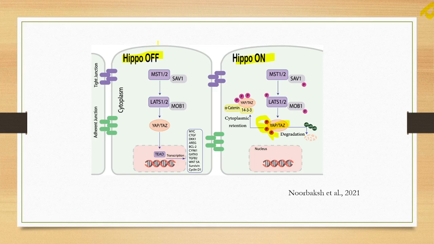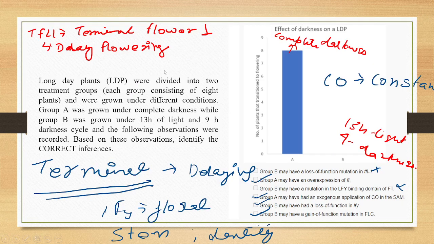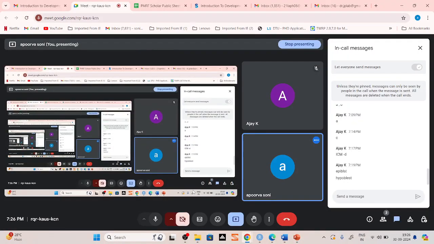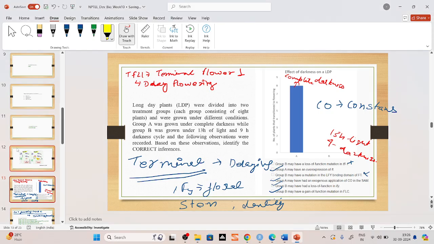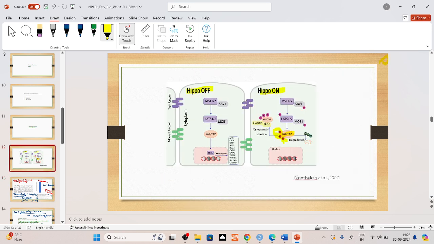The signaling is responsible for phosphorylating the kinases. So this is what your Hippo signaling is. I hope this Hippo signaling is clear. Okay, fine. This was about the Hippo signaling. Now we'll move to the next question.